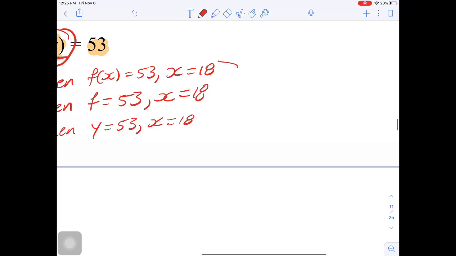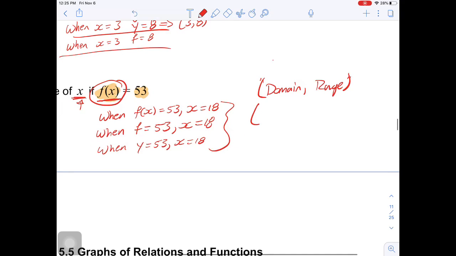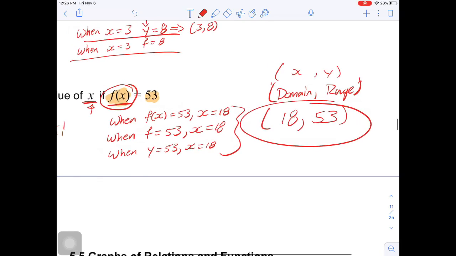And these are all represented with a coordinate point where your domain is the first thing and then your range. Or your x coordinate and your y coordinate, or your independent coordinate and your dependent coordinate. What's my independent coordinate? Well, it's x. So 18, and my range coordinate in this case would be 53. So 18 and 53.